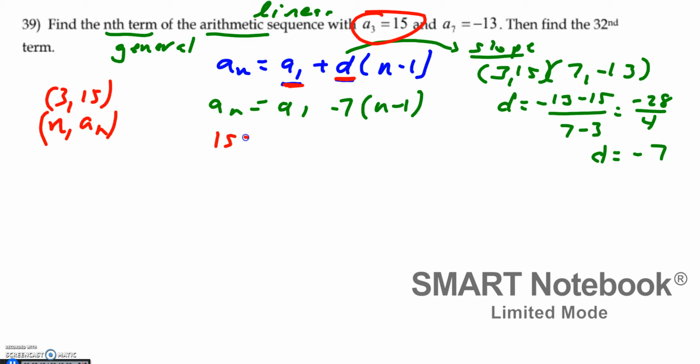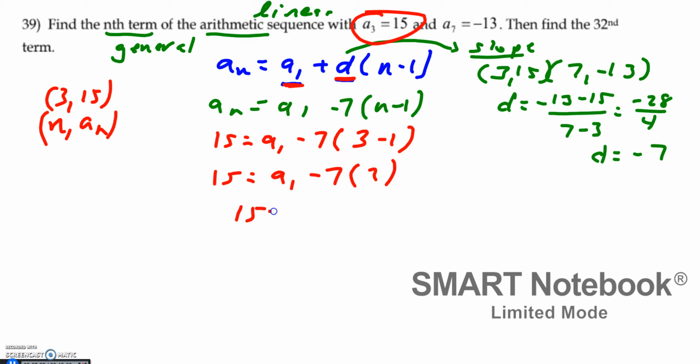So I could plug 15 in here, keep a sub 1 alone because I'm trying to solve for that, there's my common difference, and my nth term I'm plugging in is 3. So we'd have 15 equals a sub 1 minus 7 times 2. So 15 would equal a sub 1 minus 14. If I add the 14 over, I get that my first term is 29.